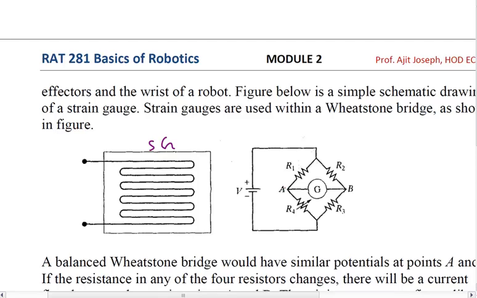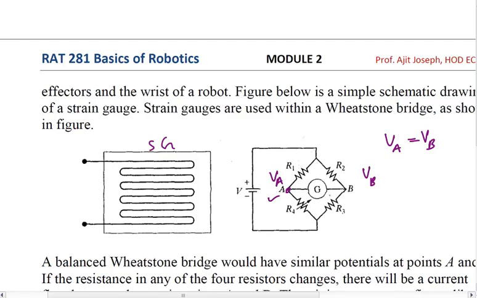What's a Wheatstone bridge? A Wheatstone bridge is basically this arrangement of resistances such that whatever potential is developed at A, VA, and whatever potential is developed at B, VB, both of them are the same. So VA is equal to VB.